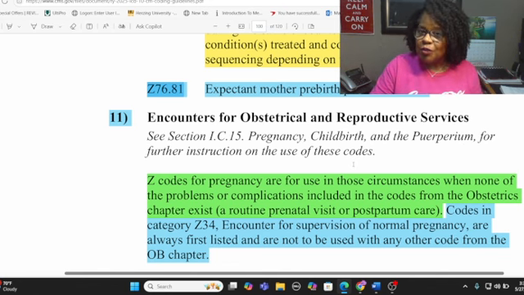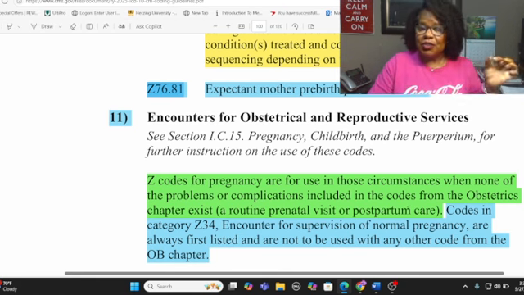But because we're discussing Z codes, it's telling you that Z codes for pregnancy are for use in those circumstances when none of the problems or complications included in the codes from the obstetric chapter exist, and it is a routine prenatal visit or postpartum care. So they're not having any complications with the pregnancy, which would be an O code, and it's just going to be a Z code.